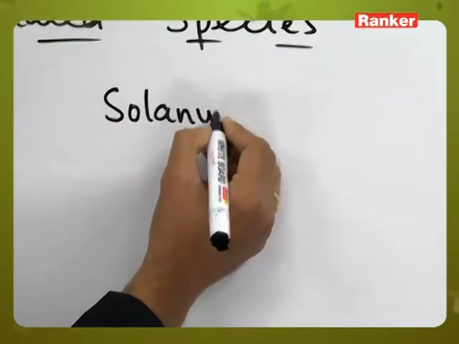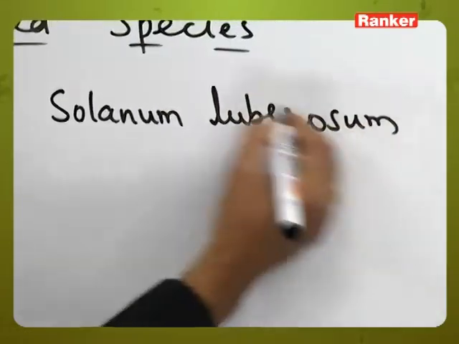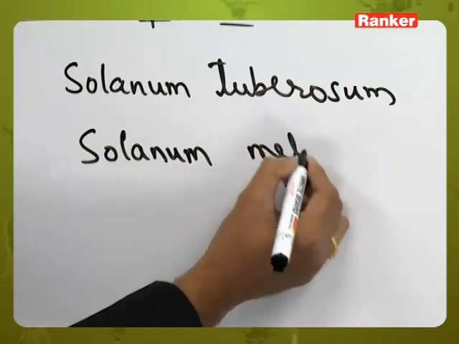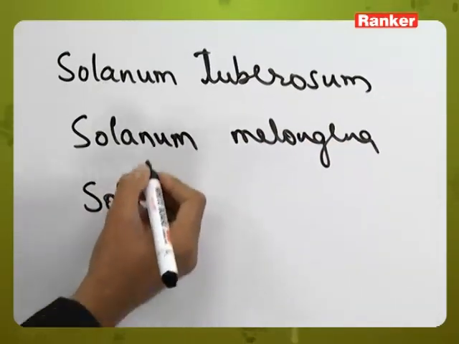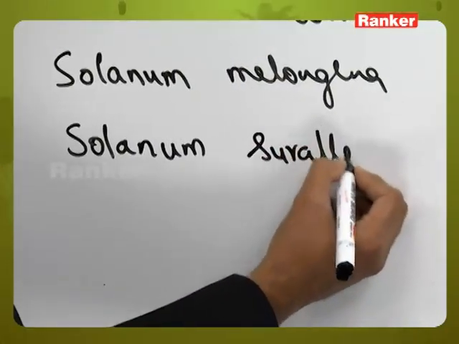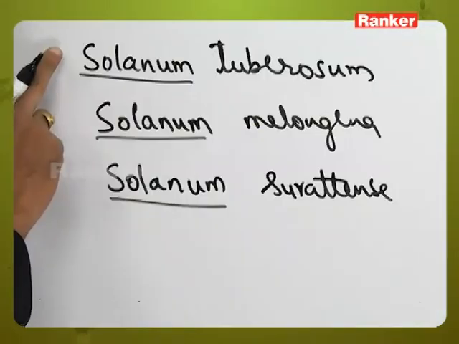Like Solanum tuberosum, Solanum melongena, Solanum surattense. So like that is one genus.